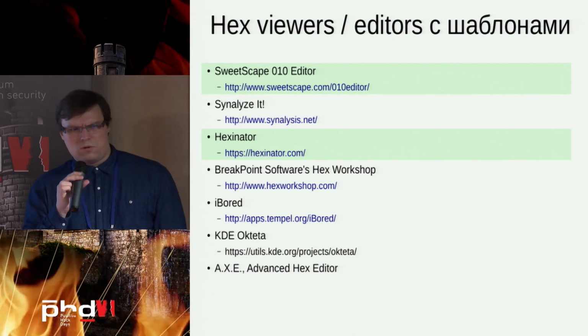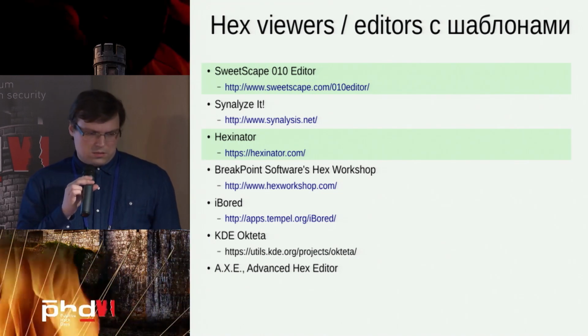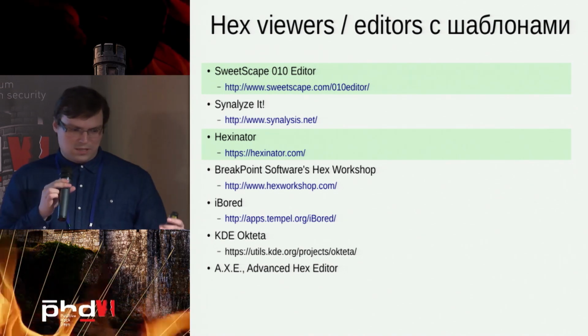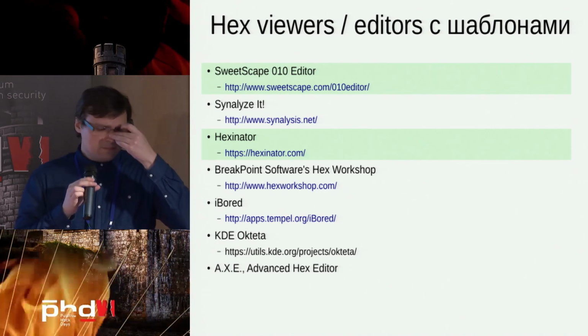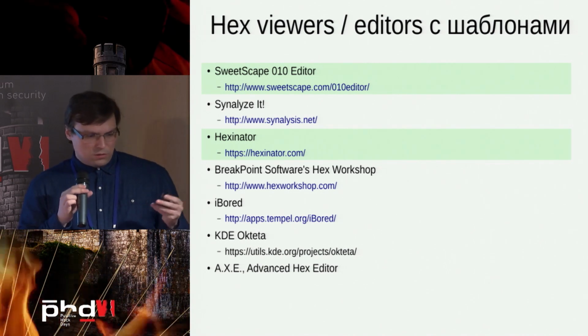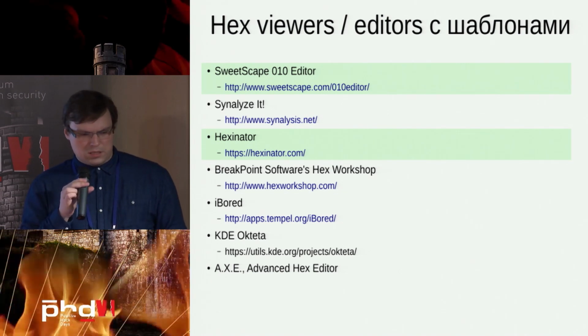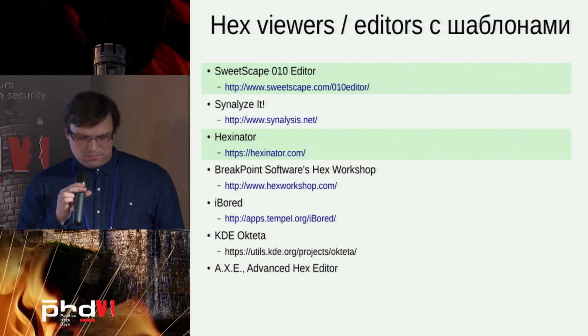The two highlighted green are those accounting for some 80% of this market. They are 010 Editor and Hexinator. Well, the former is currently passing it over smoothly to Hexinator. There are other viewers and editors with templates too, but there is no point in discussing them now.